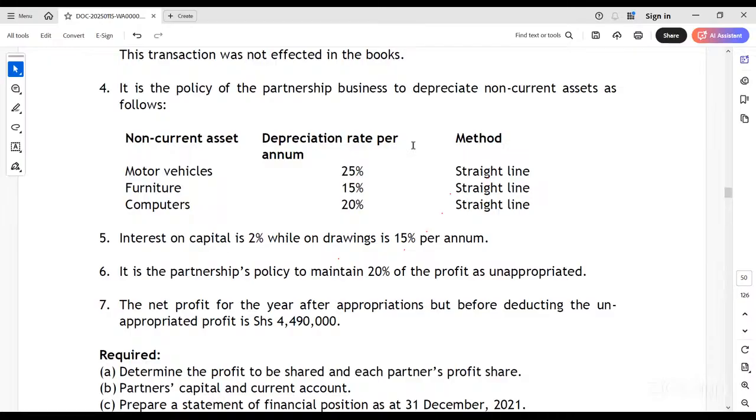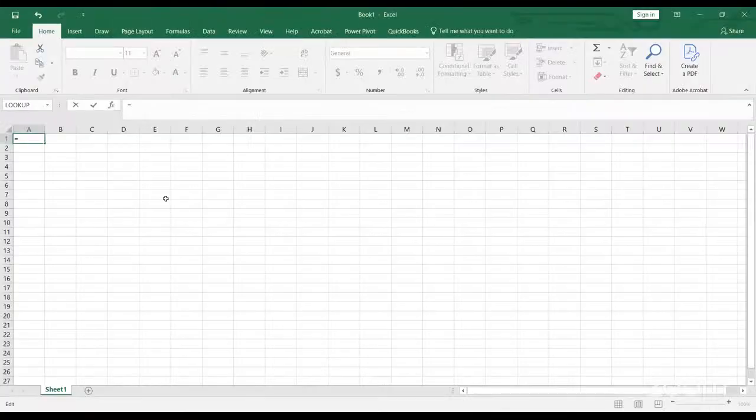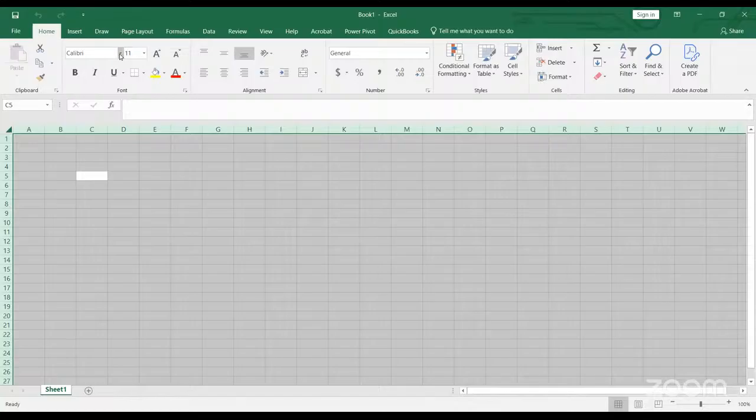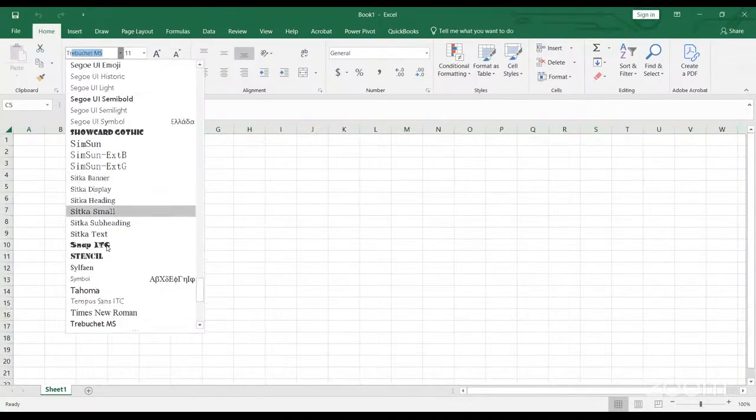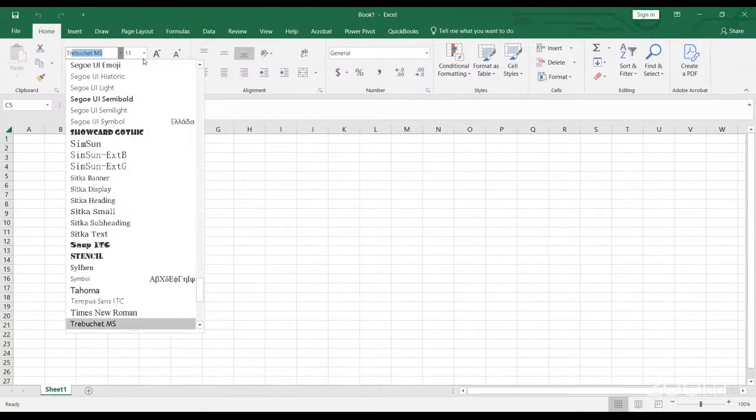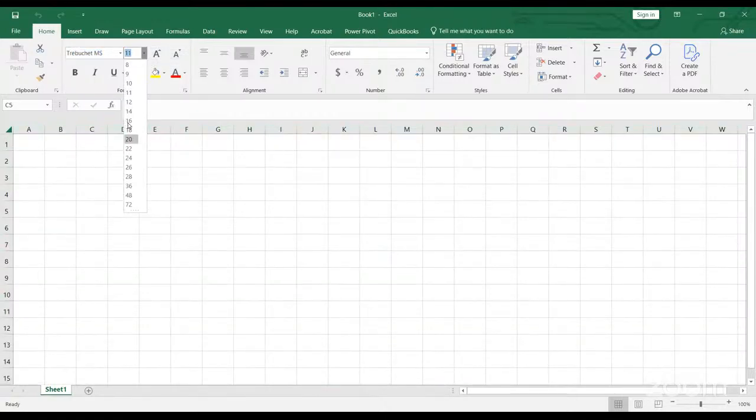So part A, we are required to determine the profits to be shared by the partners. So let us try to see how to do that. I've shared my screen.